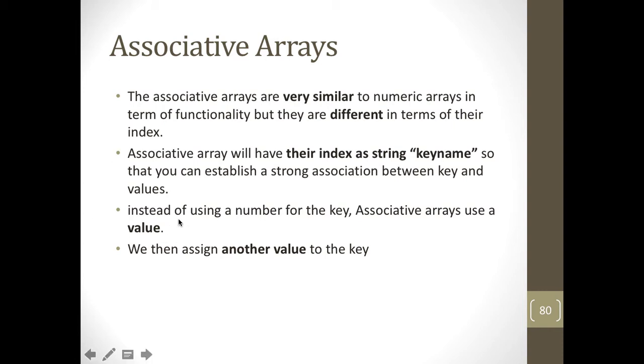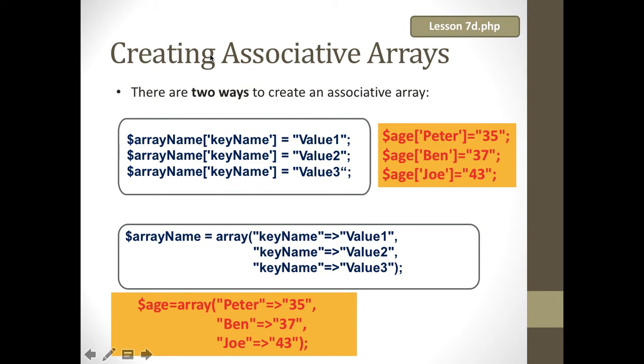It's already mentioned in the lecture notes: you just change the value, instead of using a number, change into alphanumeric or string. This is the important slide, showing there are two ways to implement associative array. This is number one, the yellow color.